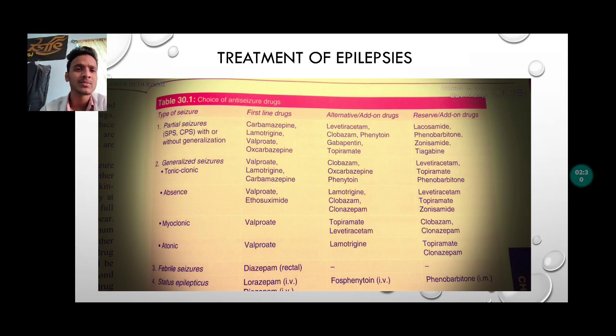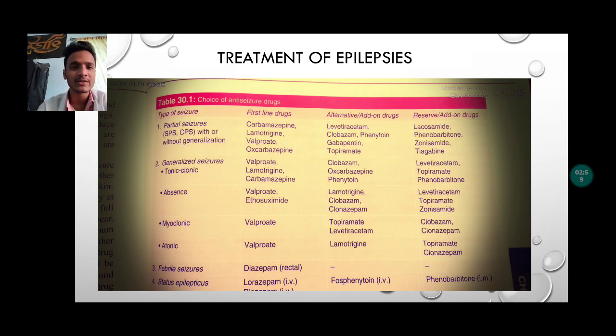The given table is for the treatment of epilepsy, that is, types of seizure, first line drug, and alternative or reserve drug. There are many types of seizures like partial seizures, generalized seizures, tonic-clonic seizure, absence seizure, myoclonic seizure, atonic seizure, and third, febrile seizures and status epilepticus.